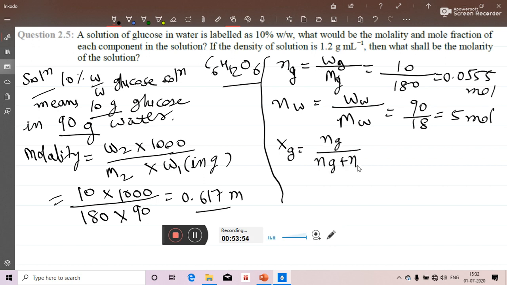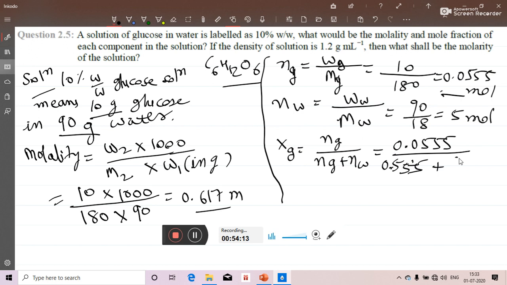So that is equal to 0.0555 divided by 0.0555 plus number of moles of water, which is 5.